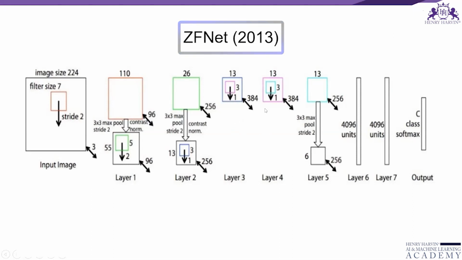So this is what we are observing over here, and here you can see a 3x3 maximum pool with stride equal to 2, and we are getting 256. Then again, similar to AlexNet, we are getting 4096 units, and in layer 7 also we are getting 4096 units. So we generally call it a 7-layer network, but a few people are calling it an 8-layer network.